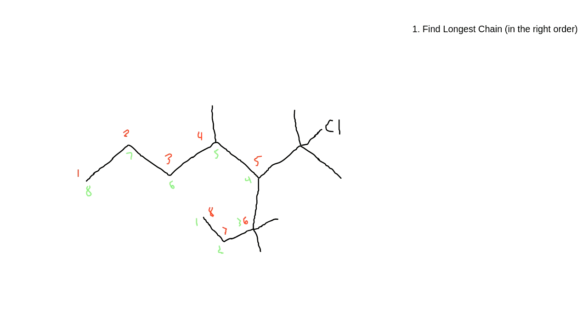Before we decide which is the right order, I am going to circle all of my substituents. I suggest you do the same. So I have a substituent there. We have to decide which order to go, and I'll explain how you can go.